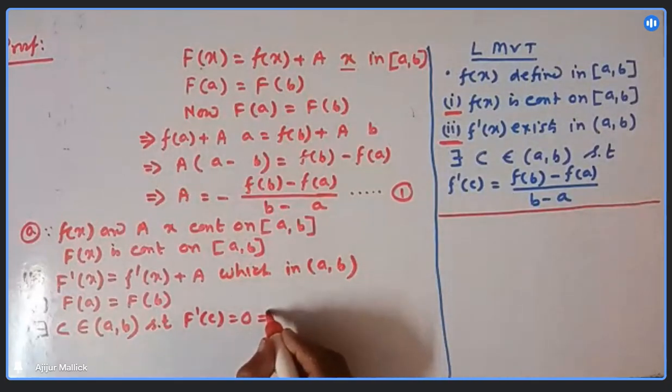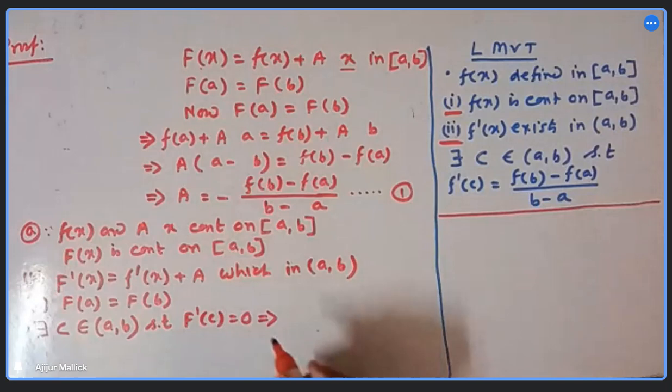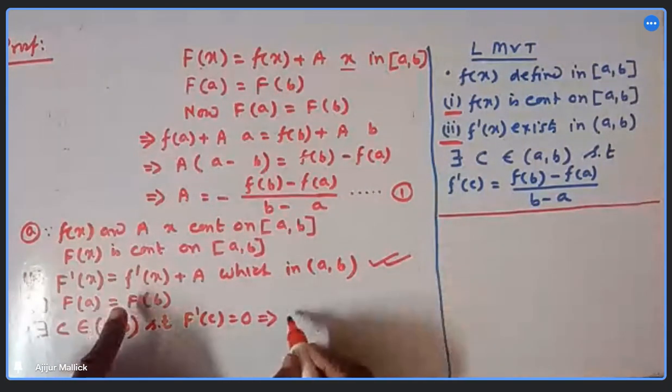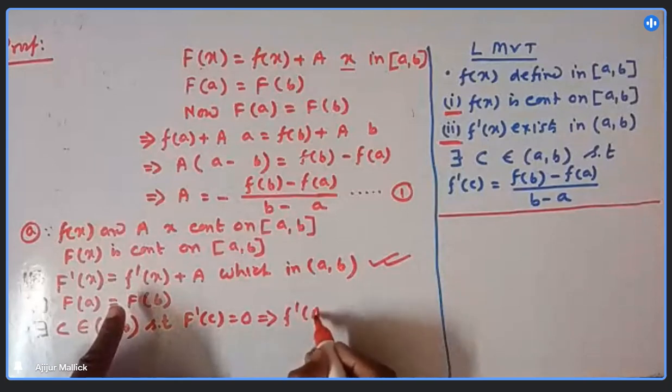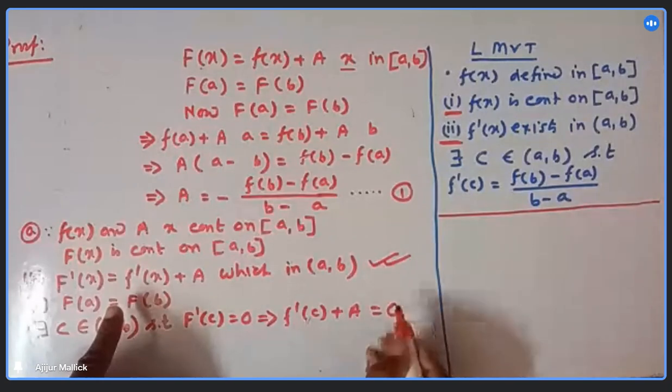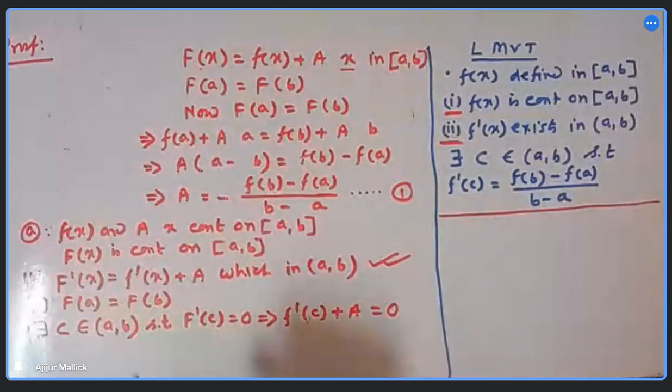This implies f dash c plus A is equal to 0.